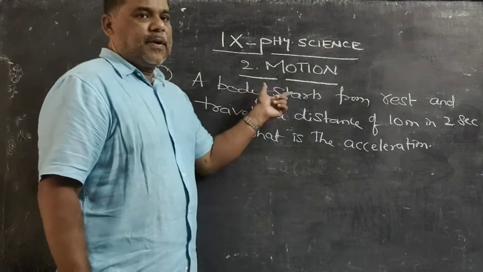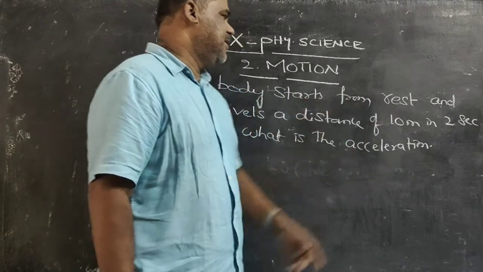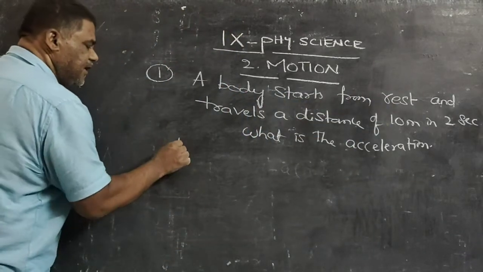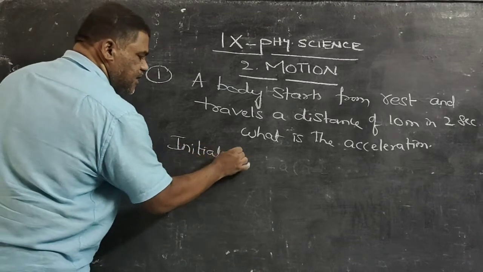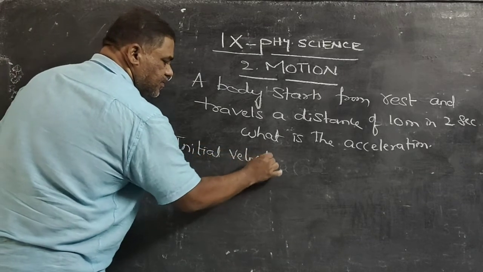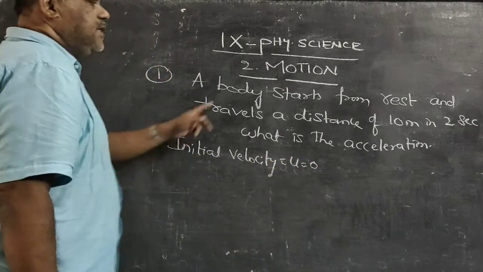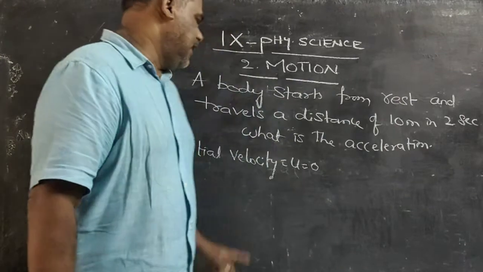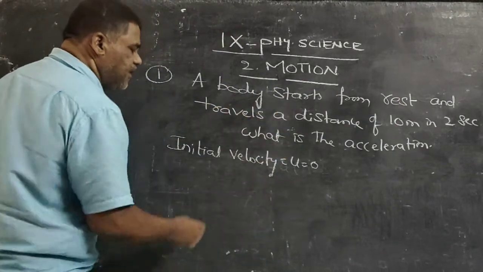So whenever in a problem a body starts from rest, it indicates that initial velocity is 0 because it is at rest. When a body starts from rest, we have to take initial velocity as 0 and travels a distance of 10 meters.